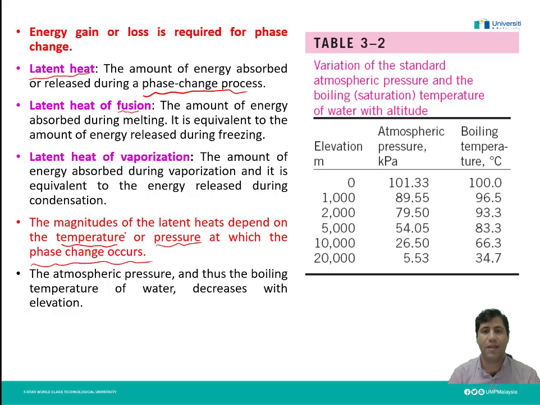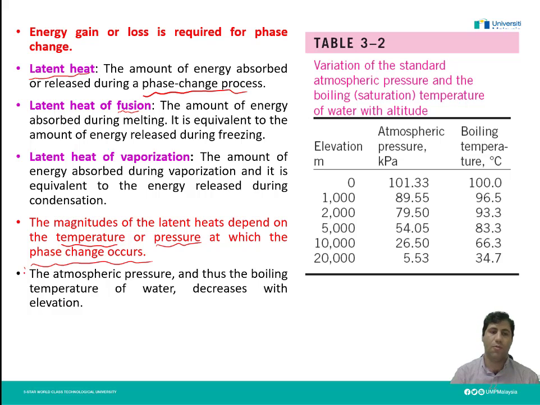So you can see here again, this latent heat depends on the pressure and temperature at which the phase change process is happening. The atmospheric pressure, and thus the boiling temperature of water, decreases with elevation.